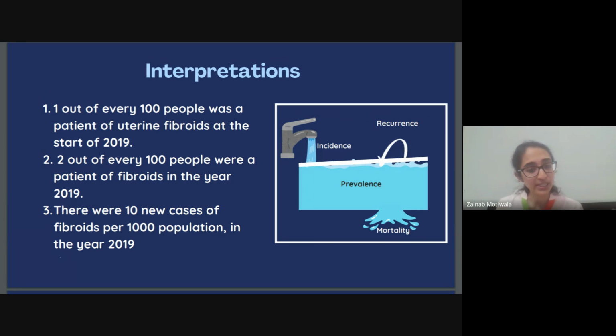That could be interpreted as 2 out of every 100 people being fibroid patients in the entire year of 2019. And then finally, incidence. Since that was found to be 10, it could be interpreted as 10 new cases of fibroids per 1,000 population found in the year 2019.